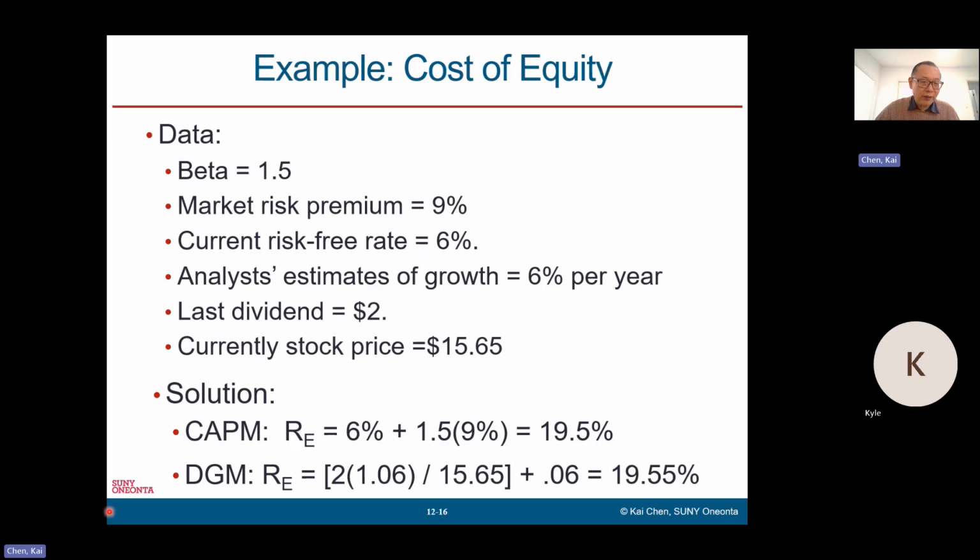And we know the current risk-free rate is 6%. Before we move on, I'd like to ask you a question. What is the expected return on the market portfolio?